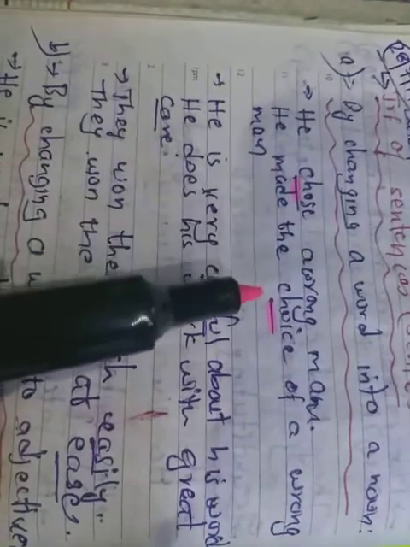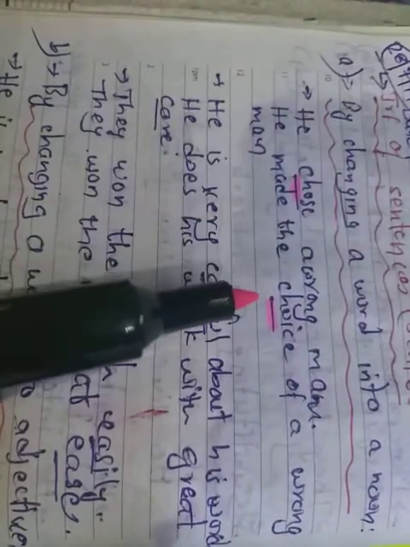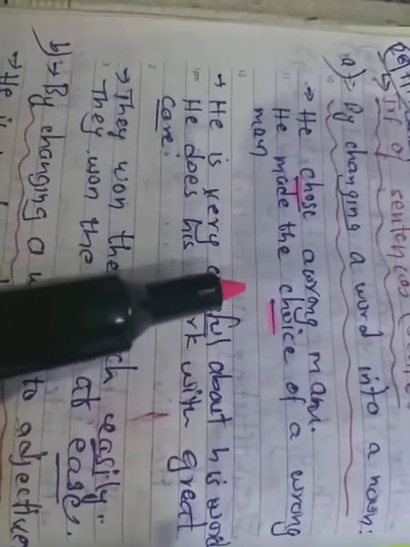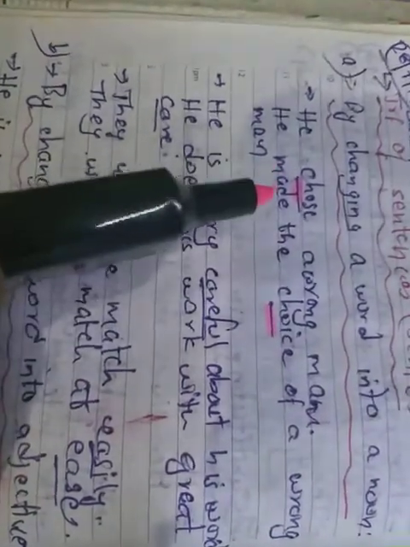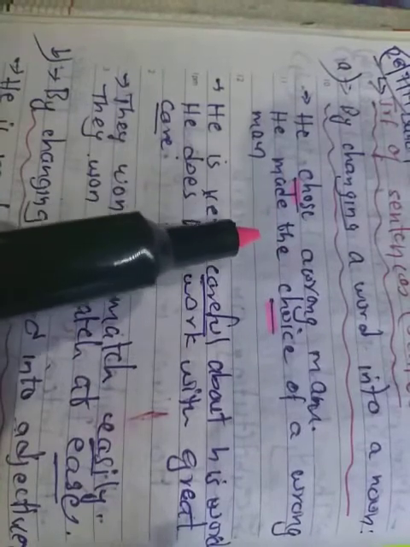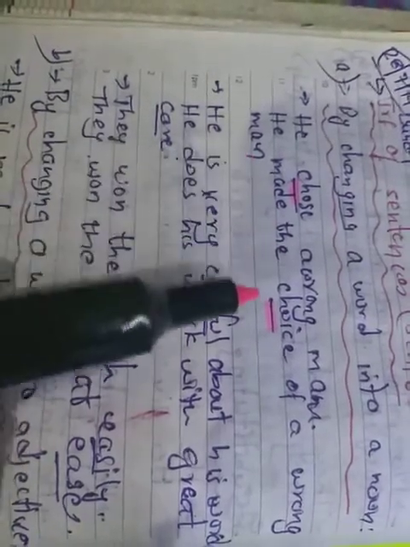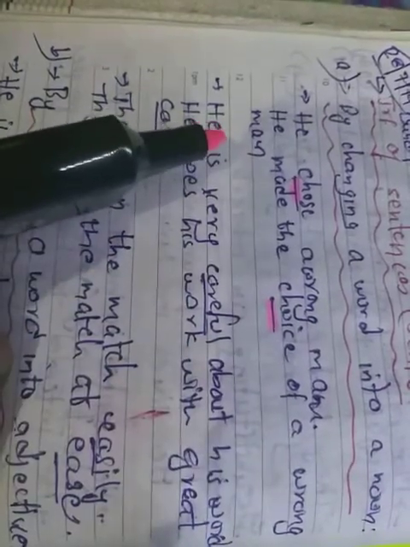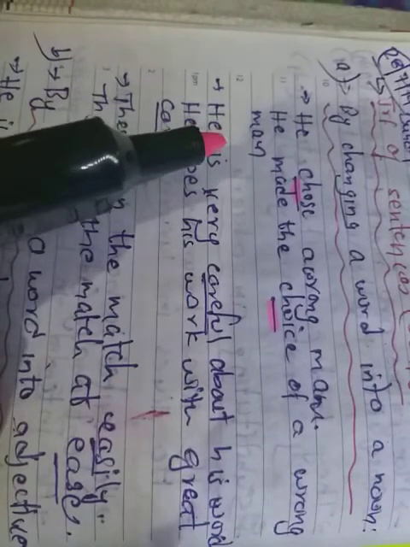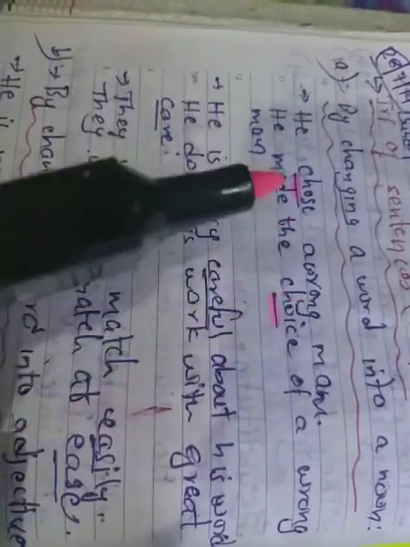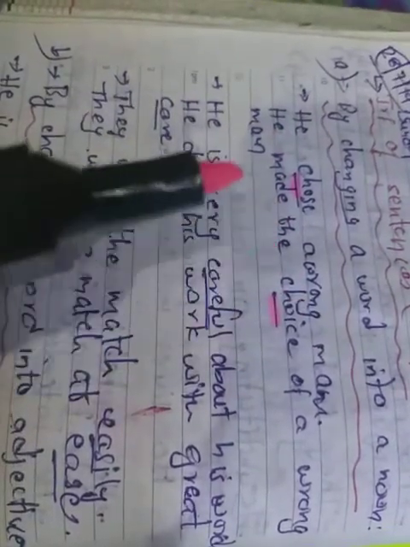But now when you use choice, the sentence structure should change accordingly in the answer also. So when a noun is to be substituted instead of chose, the sentence will be: he made the choice of a wrong man. So here again, in transformation, the basic rule is that the meaning should not change.